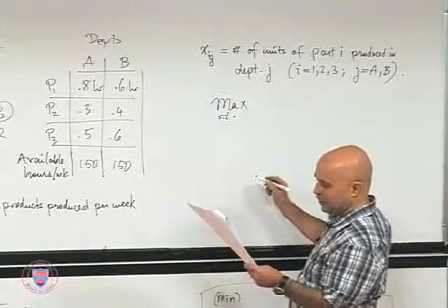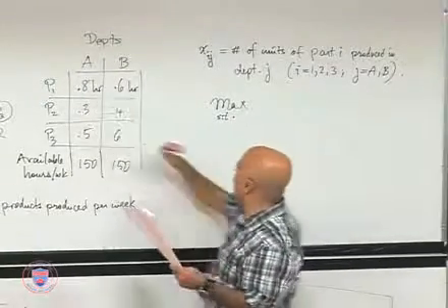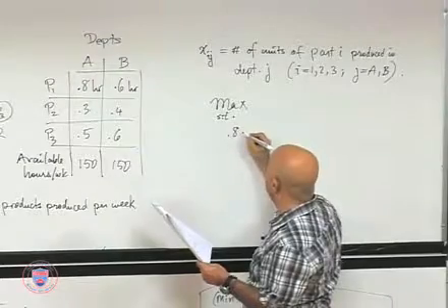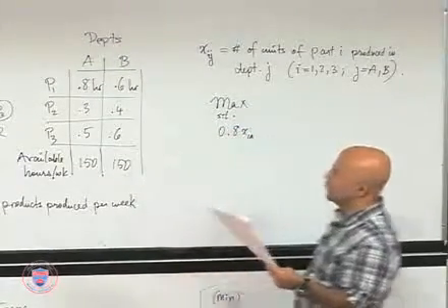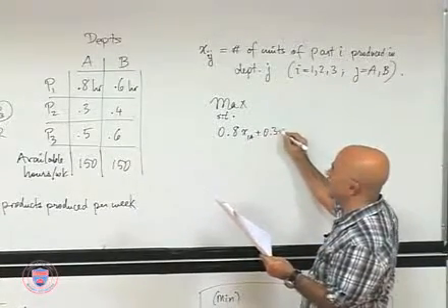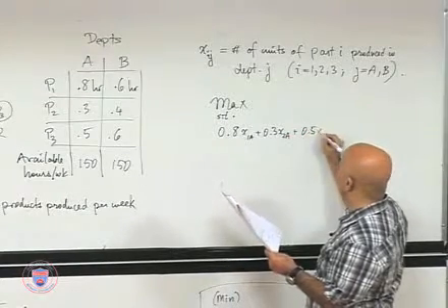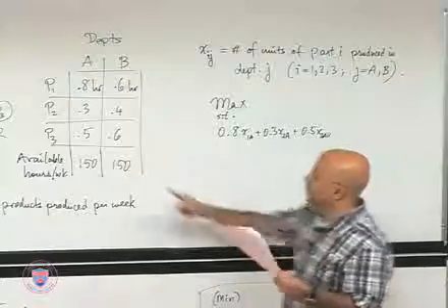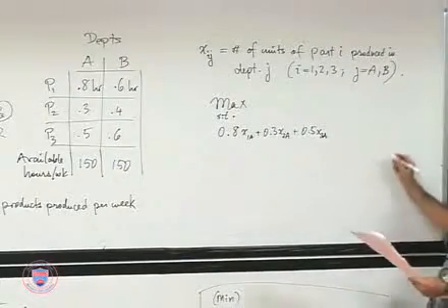What is it? It's going to be 0.8 times x1a plus 0.3 x2a plus 0.5 x3a. That's the total time you spend in the first department.